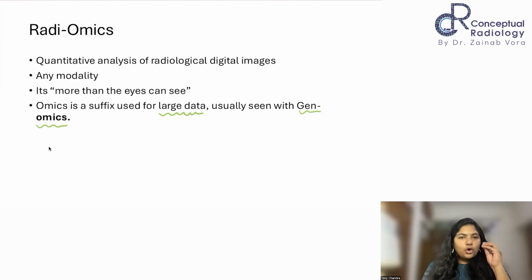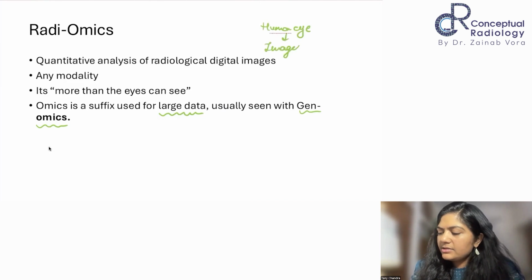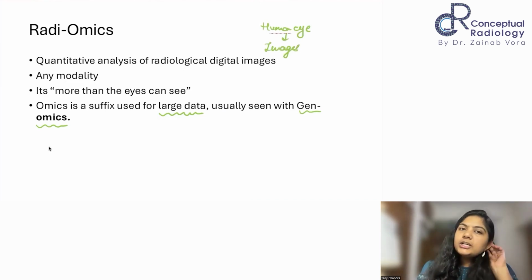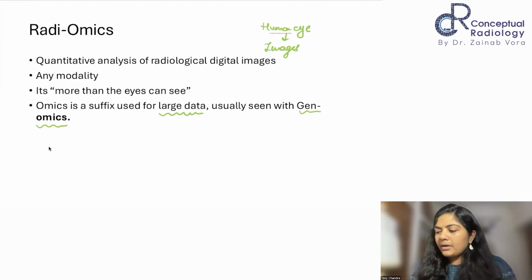The very concept of radiomics is the quantitative analysis which we can do on these images. Okay. Till now, the human eye was seeing images, right? And this is also going to be a short class because I'm not going to go into very much detail, because then we'll forget the whole thing and we won't be able to write any answers.